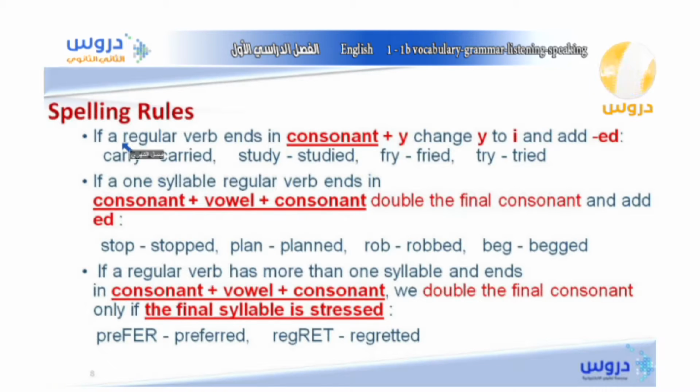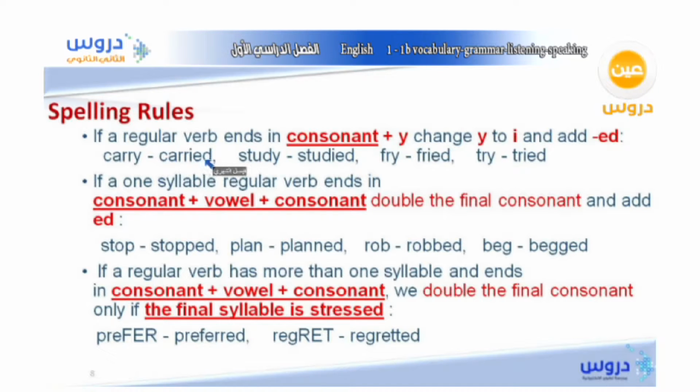We delete the y and put i and then add -ed. Carried. Study, the same thing: delete the y, add the i and also the -ed. Write the same thing and try the same thing.